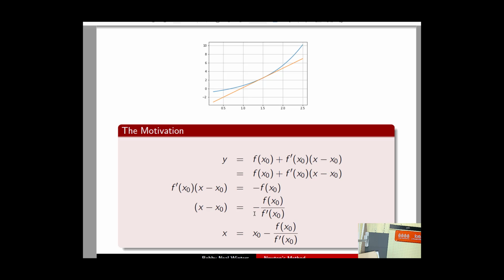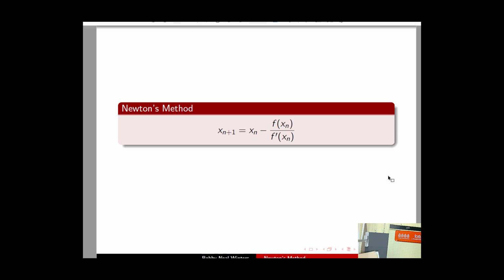In doing so, we find that the value x down here, where our line crosses, is x equals x naught minus f of x naught over f prime of x naught. That's a better approximation, and so we iterate this.